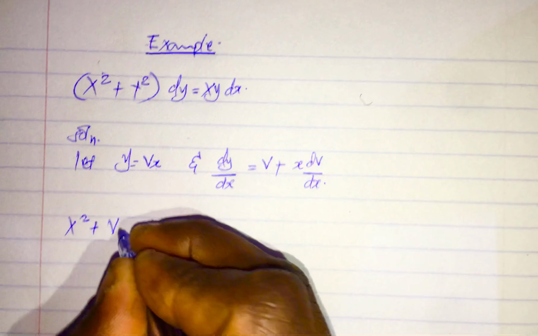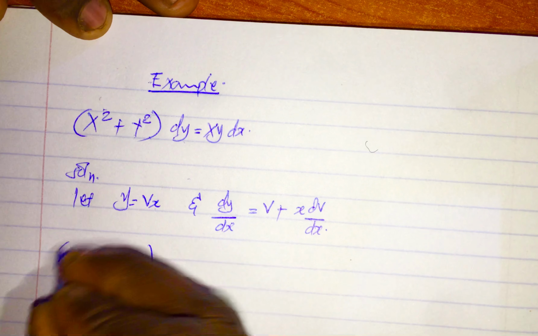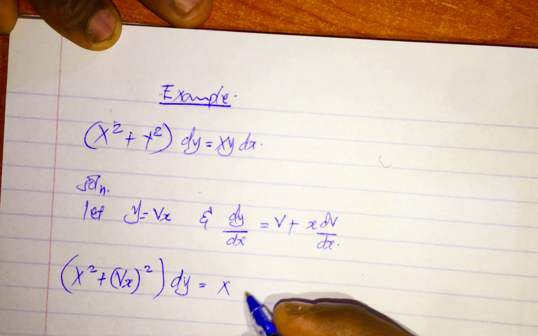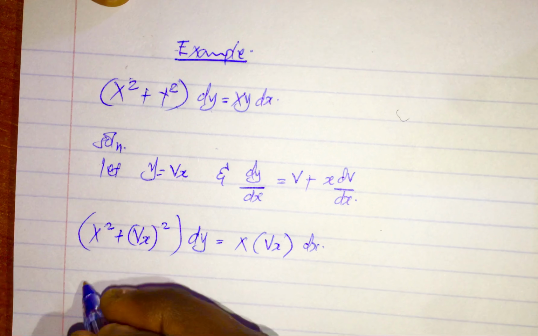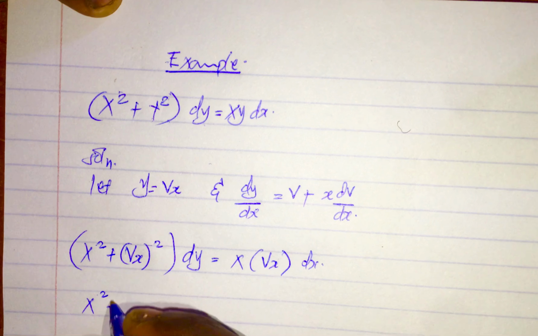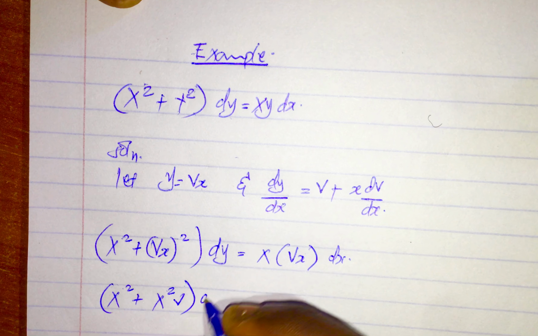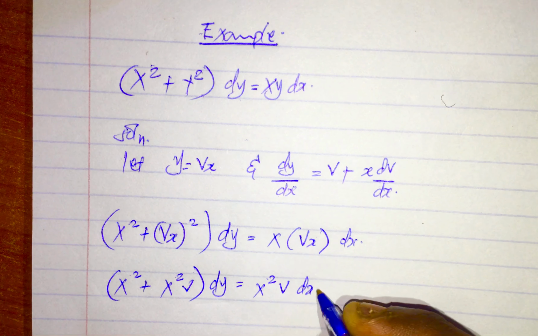We have (x squared plus (vx) squared) dy is equal to (x plus vx) dx. So x squared plus x squared v squared dy is equal to x squared v dx.